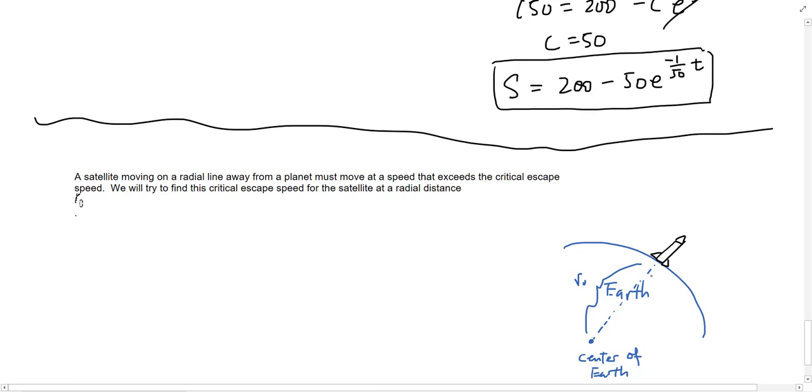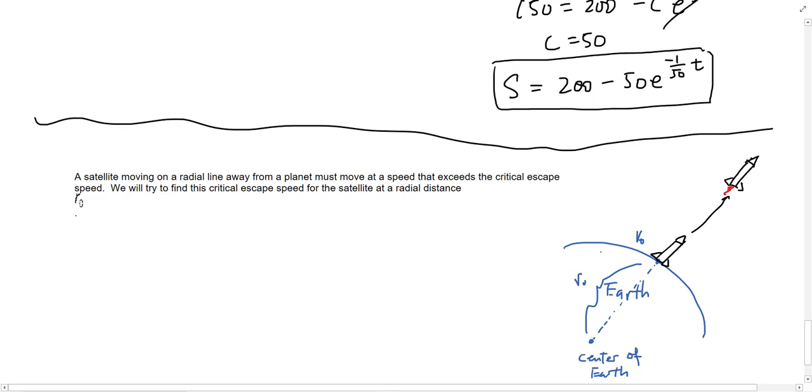What we're going to try to figure out is what velocity it needs at that moment in order to have enough velocity to carry off the planet. So at this point, we shoot off the rocket at some initial velocity v sub 0 at this distance, r sub 0. And then the rocket is going to fly up and hopefully have enough speed to escape the Earth's gravity and into space.